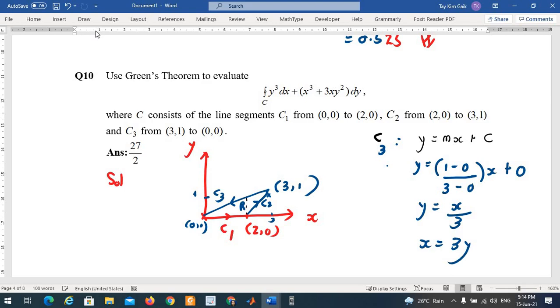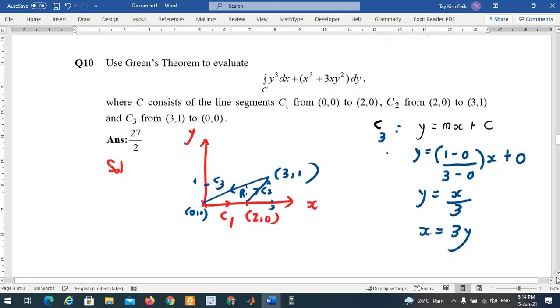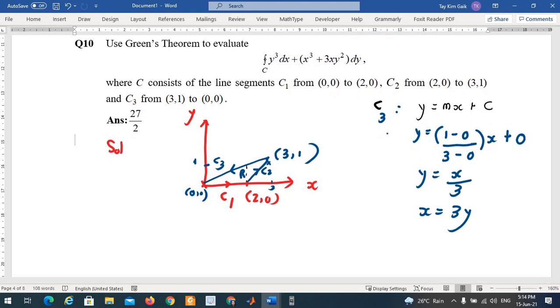For curve C3, we have the equation x equal 3y. Okay, C2, we have another equation. How do you get C2? Another straight line equation for C2.